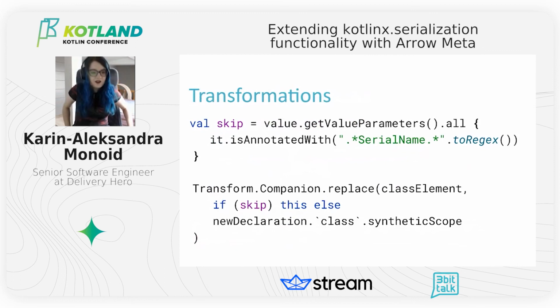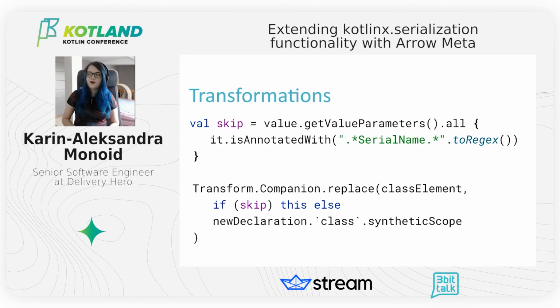So my question is, what if we already have the fields that are annotated with this SerialName annotation? So for this scenario, you may write some kind of check to avoid situations like this.